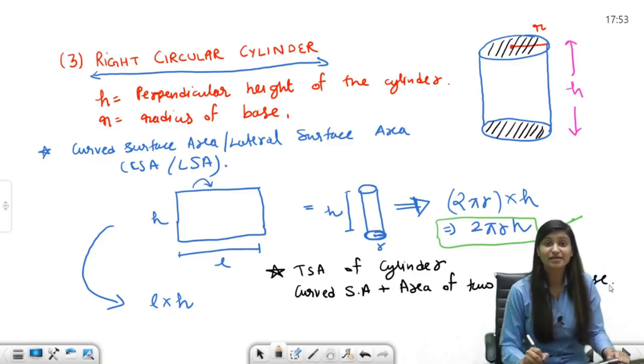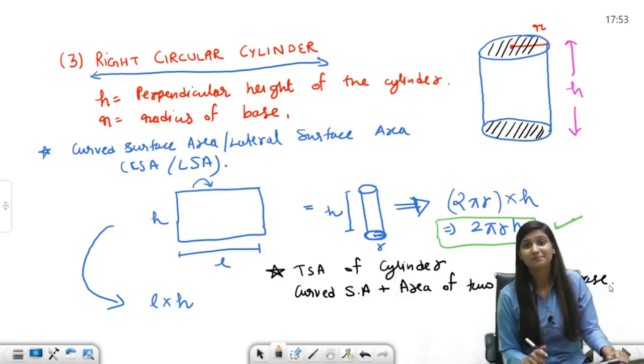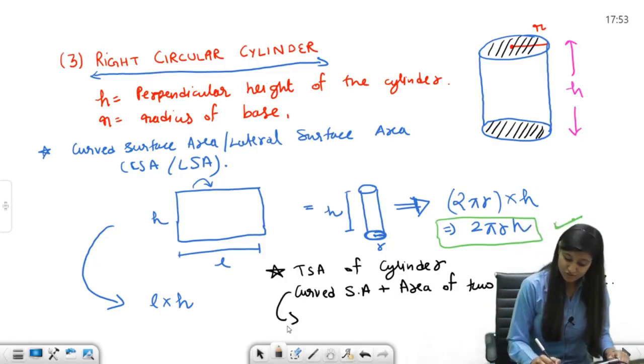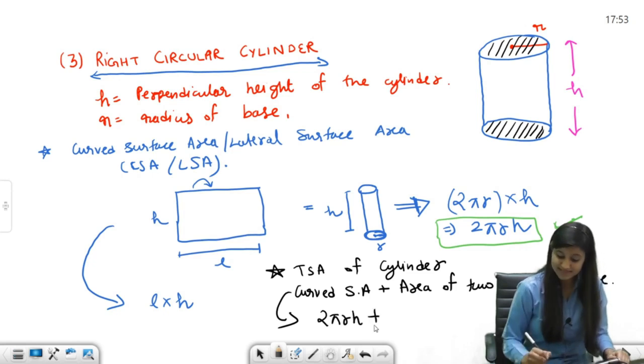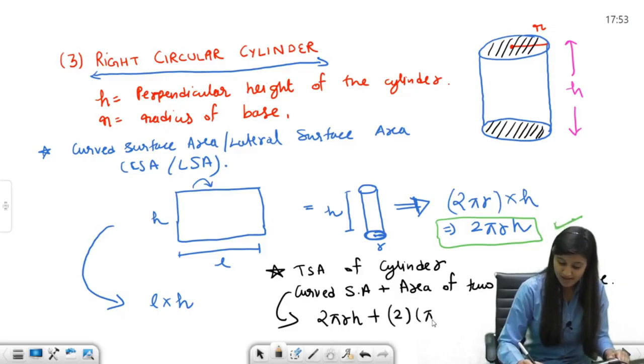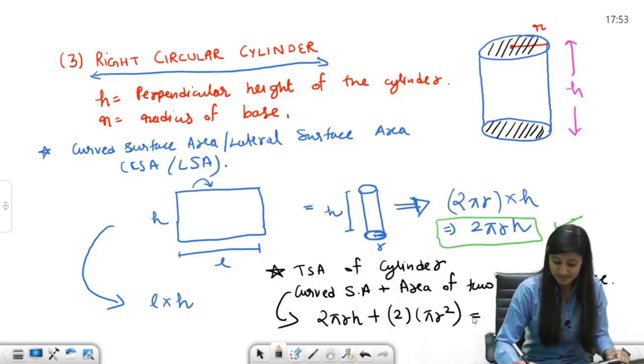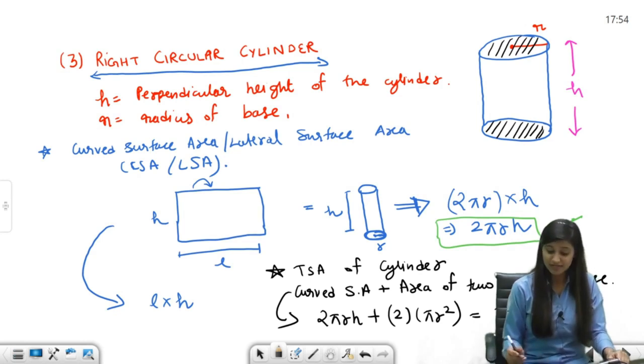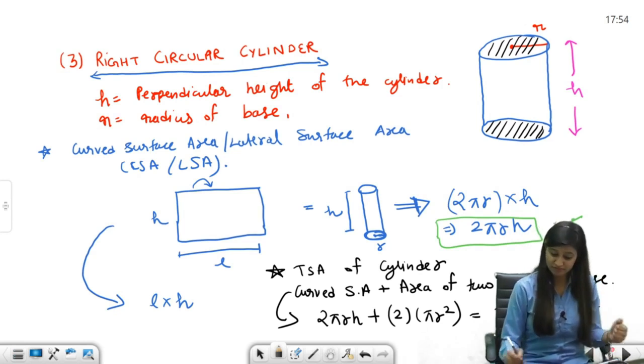Now, what is the area of a circle? Simply pi r square, right? So, the curved surface area was 2 pi r h plus the area of the circular bases. There are two bases, so 2 into pi r square. So, it became 2 pi r h plus 2 pi r square, right? Now, what can be taken common from them?